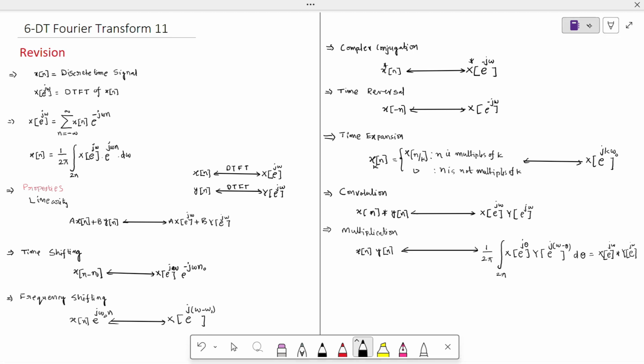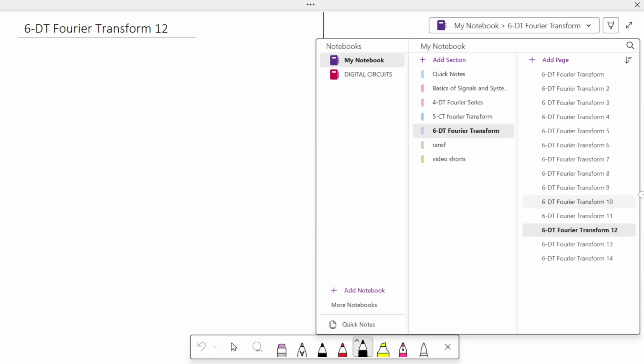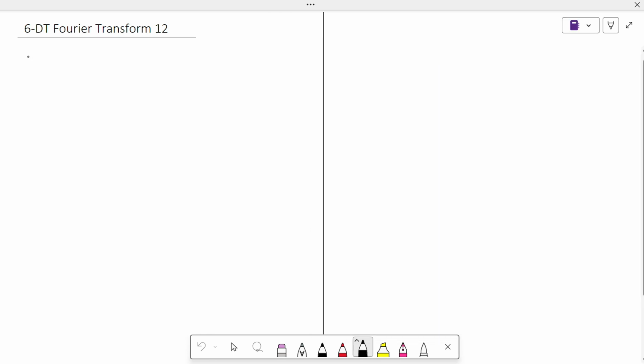Then we go for the differencing property. Differencing: x of n minus x of n minus 1.